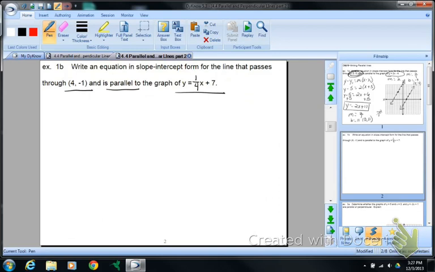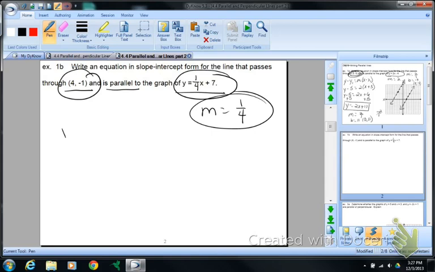Okay, this equation is already solved for y. So what is the slope of this equation? 1/4. So we are going to come up with an equation of the line using this point and the same slope. So that's y minus a negative 1, which is plus 1, equals m, which is 1/4, times x minus 4.